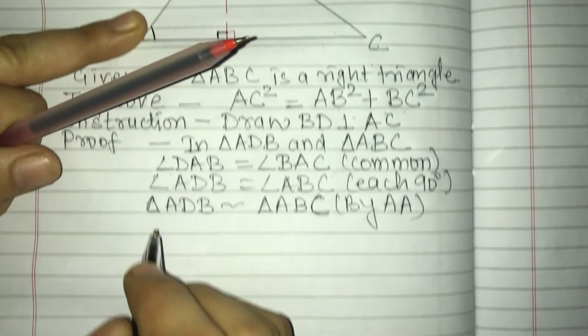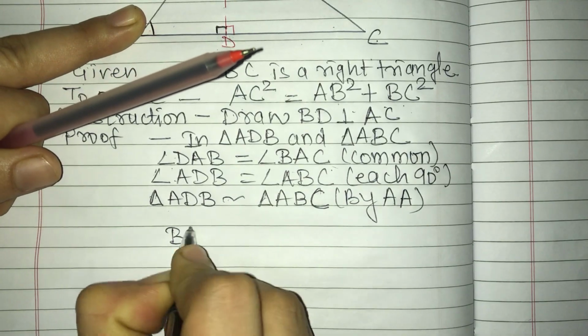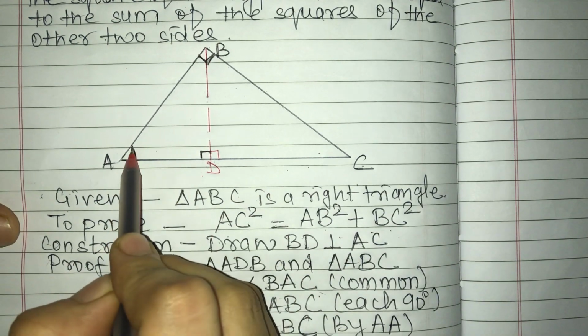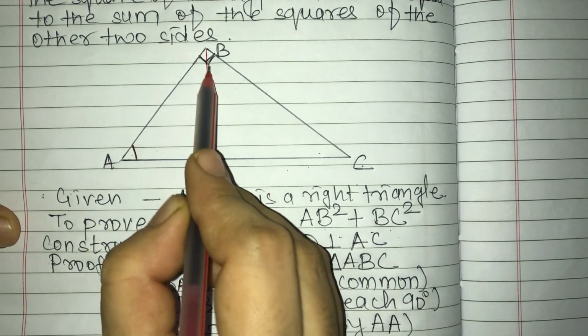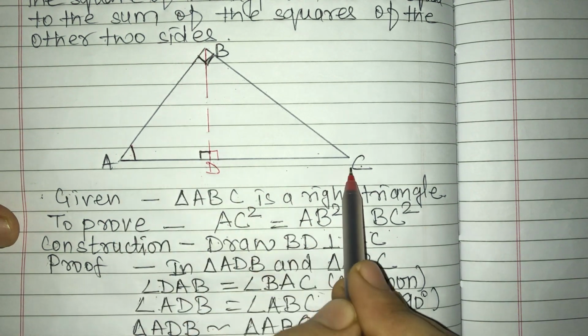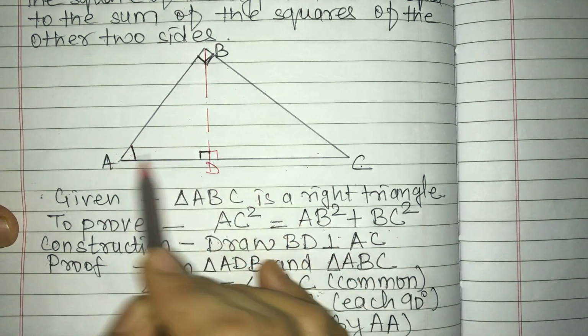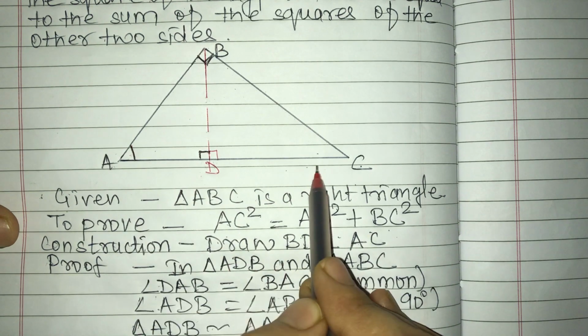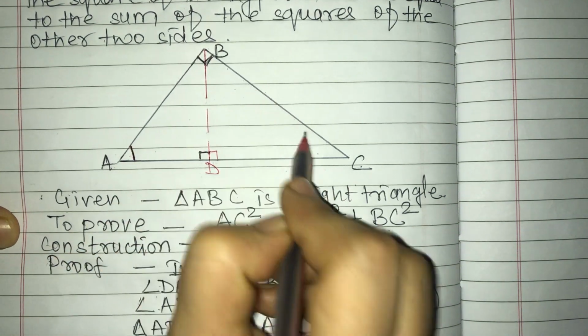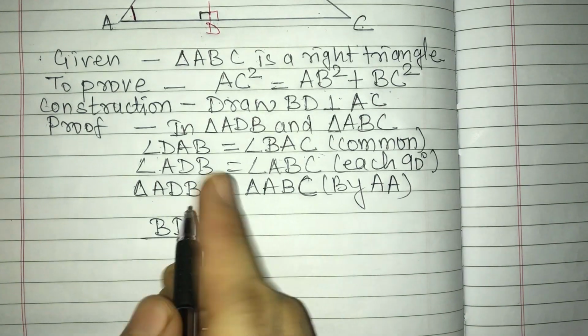So we have BD upon the side opposite to this angle in bigger triangle ABC. In this triangle ABC, the side opposite to this angle A is BC.